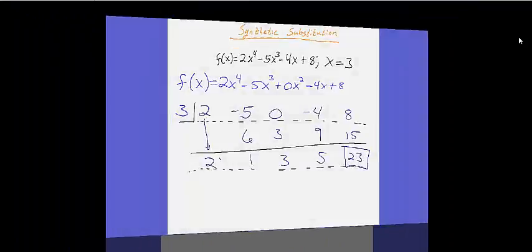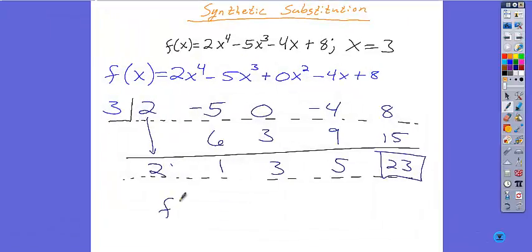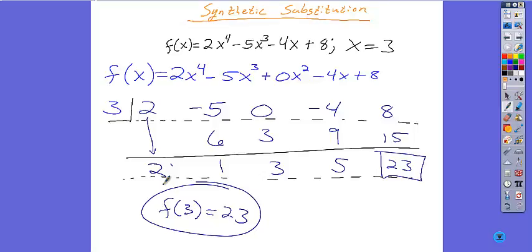23. When you use synthetic substitution, the very last number that you add with is the value if you substitute in that x. It's less labor intensive, but because it's a synthetic process, it's a lot more particular. When you use direct substitution, it doesn't matter your order. It doesn't matter whether every power's there or if it's in standard form.